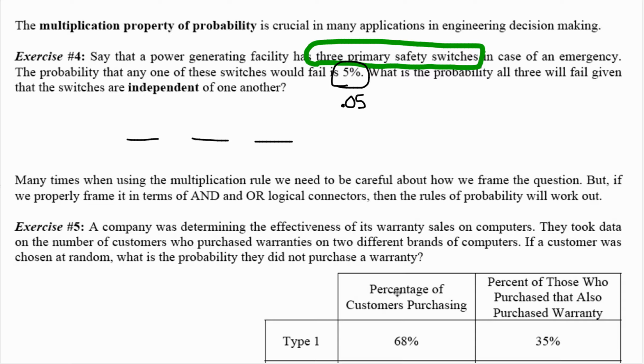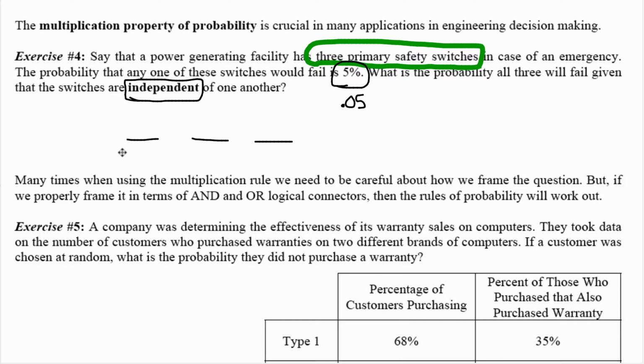5% is not a number. It's a description. It's a word. It's 5 per 100. What is the probability that all 3 will fail given that the switches are independent of one another? Okay, that means one failing will not make another one fail more greatly.